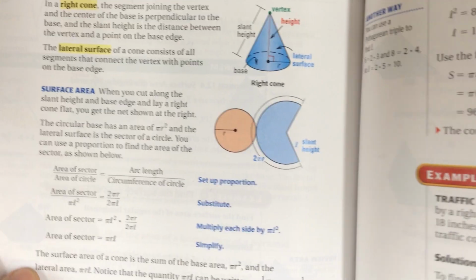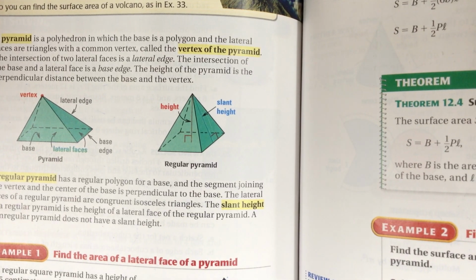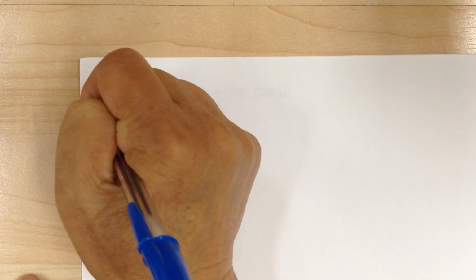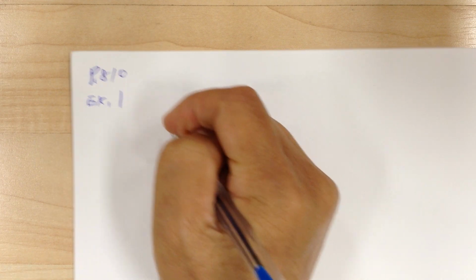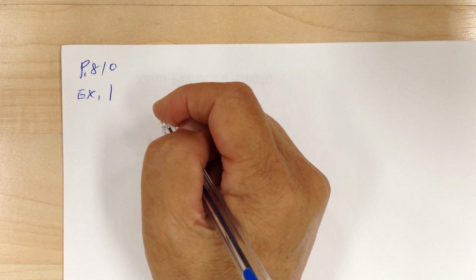Okay, so now let's go over some examples. Let's go to example 1. It says find the lateral area, the lateral face of a pyramid.